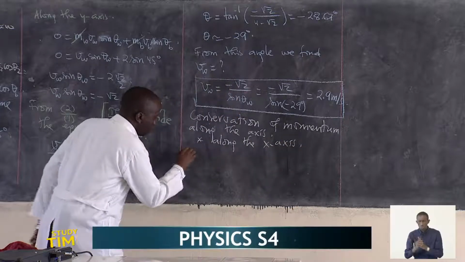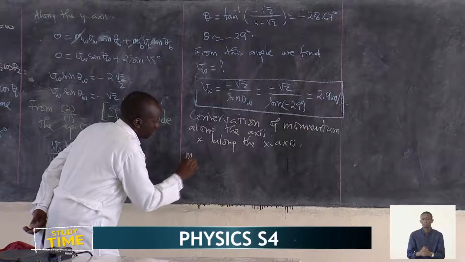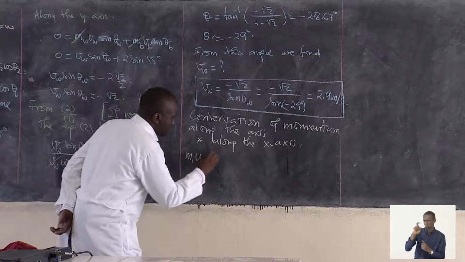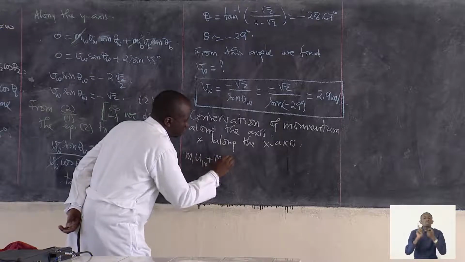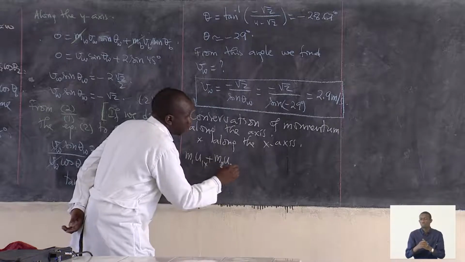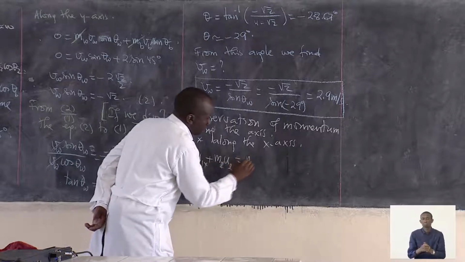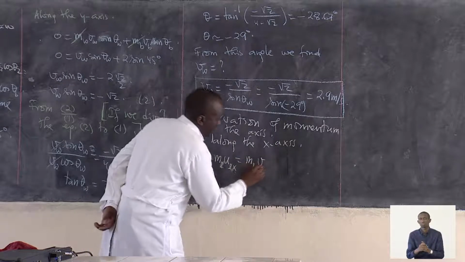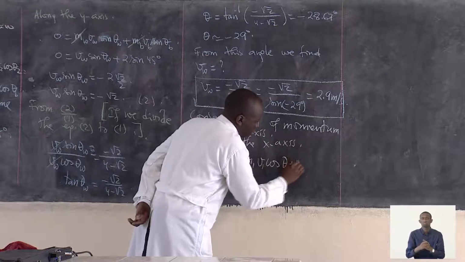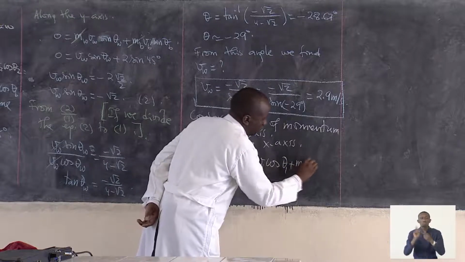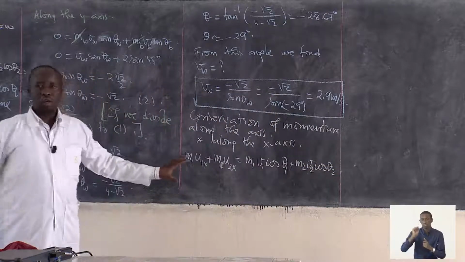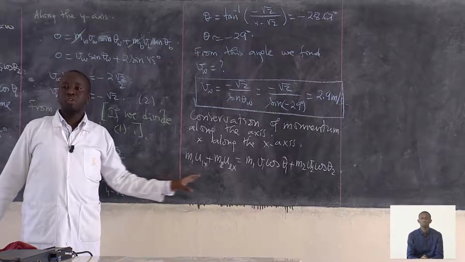Before the collision, we have M1 U1 plus M2 U2 along the x-axis, equals M1 V1 cosine theta 1 plus M2 V2 cosine theta 2. This is the conservation law of momentum along the x-axis.